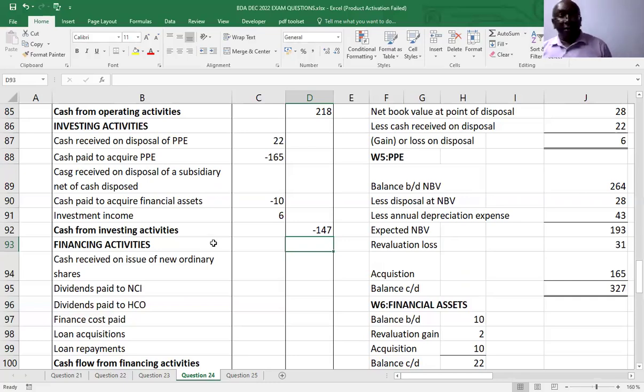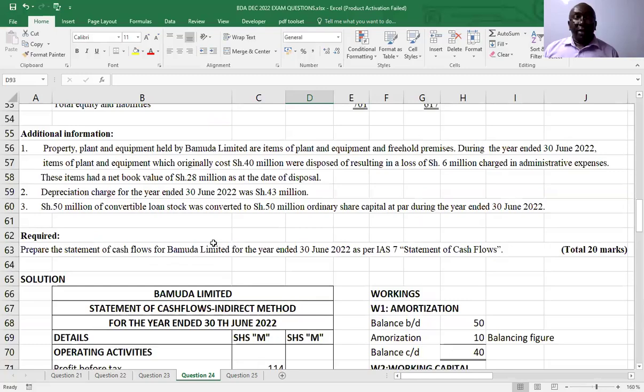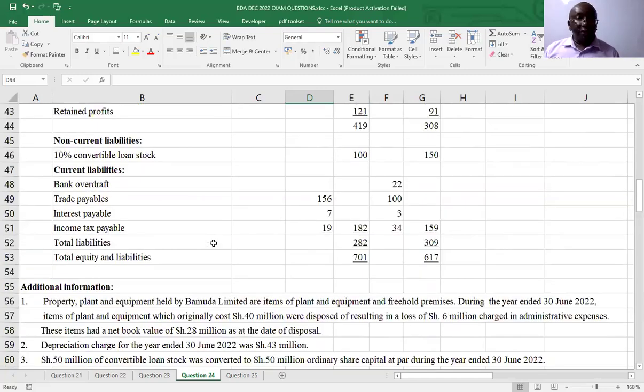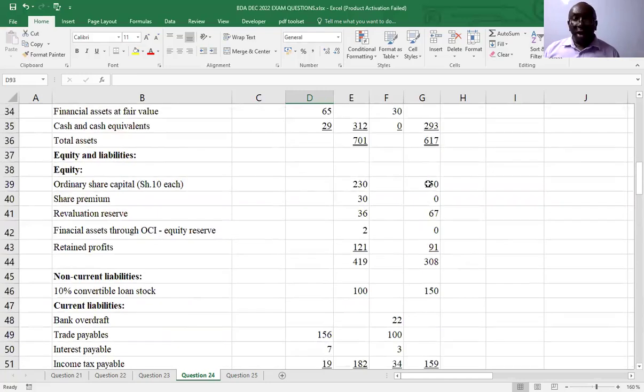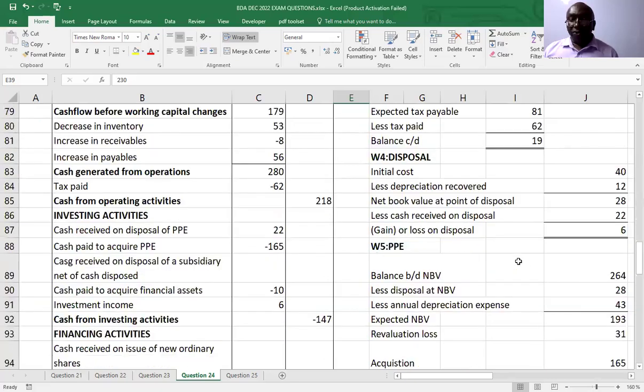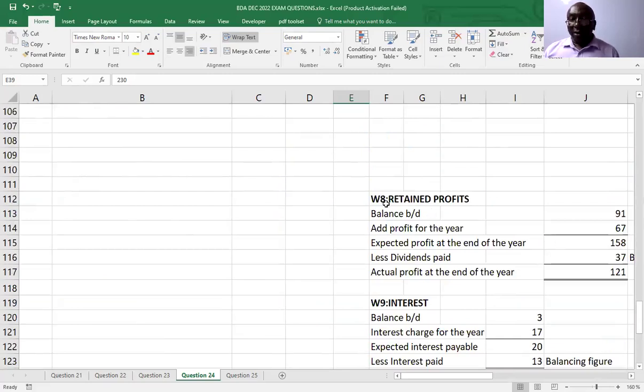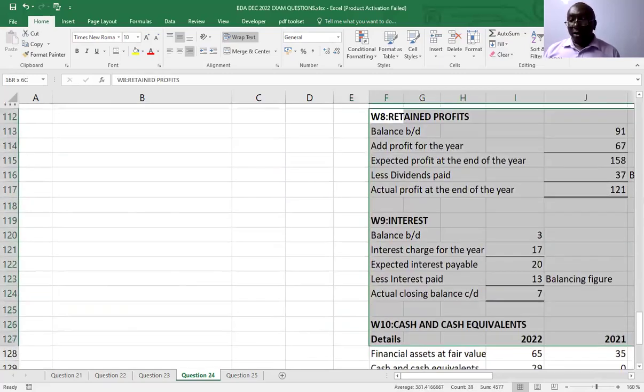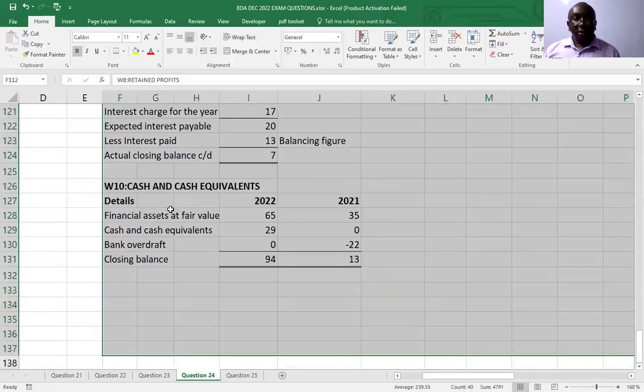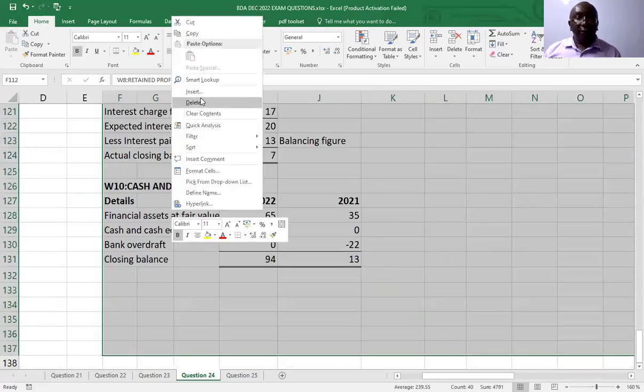Let's now go to look at ordinary shares. Ordinary shares, you can see we had begun with what? We began with 150. We are ending with 230. So that is an increase. So if that is an increase, we need to know how did it come about. Okay, let me clear content.